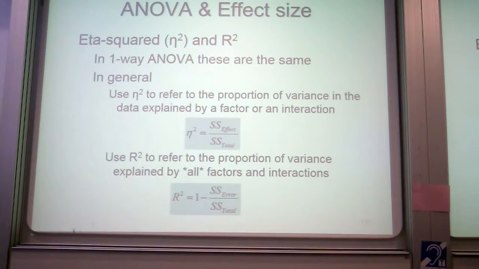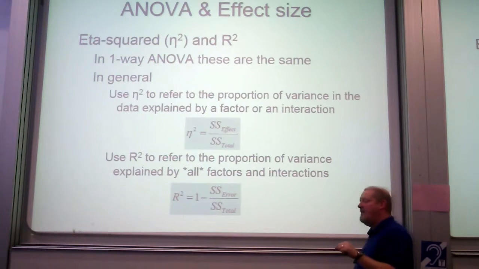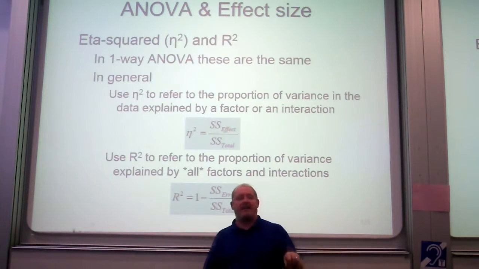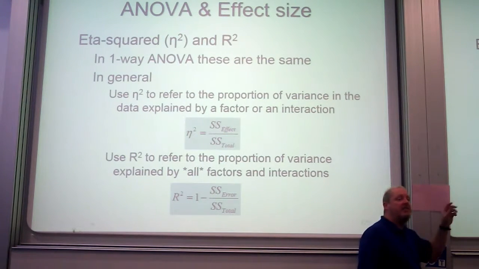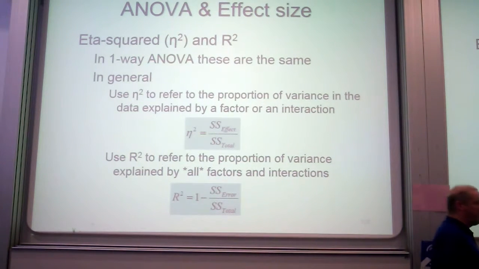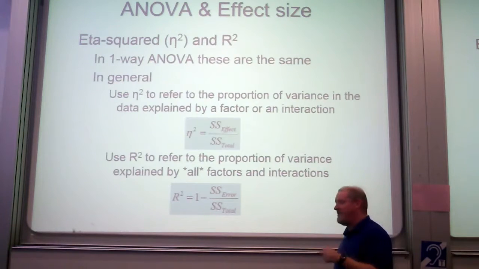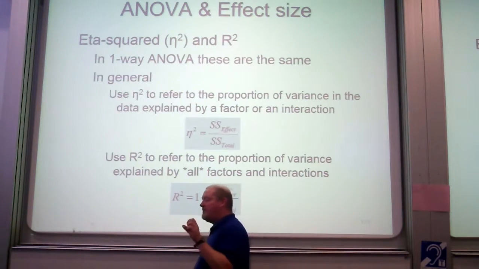Eta squared generally refers to the proportion of the total variability that your effect explains. So it's the sums of squares of the effect divided by the total sums of squares. And with one-way ANOVA, there is only one sums of squares of an effect. There's only one factor that you're looking at.